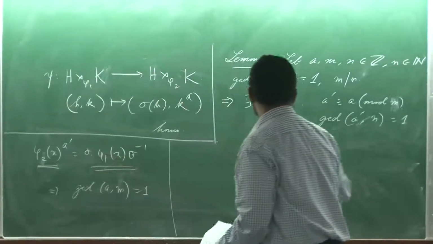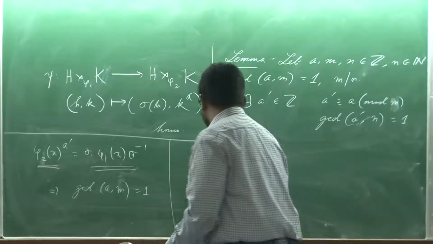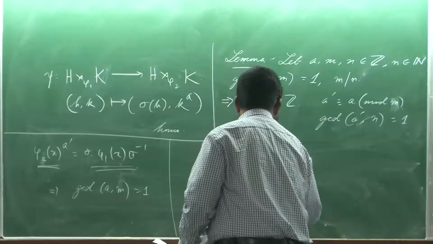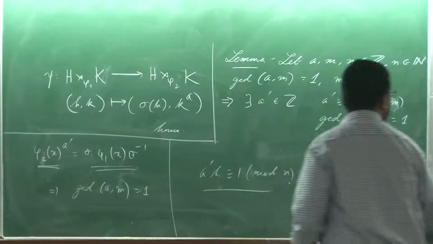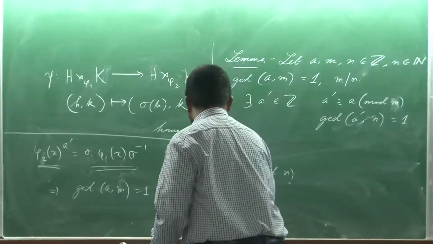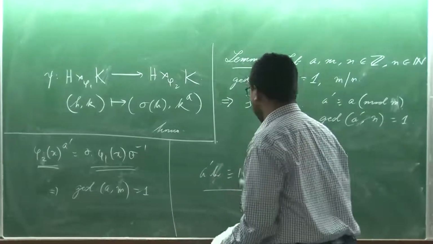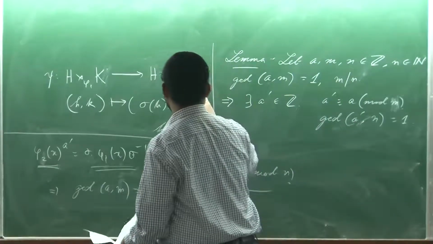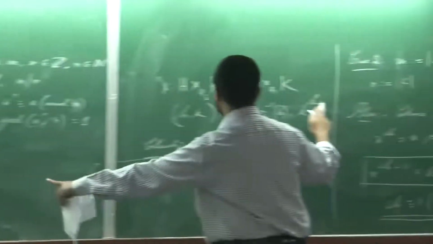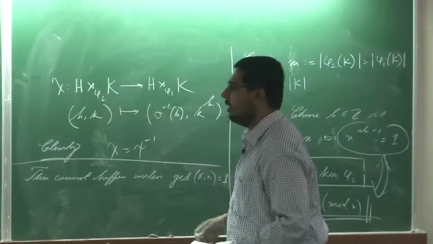And for this A prime, since GCD of A prime and n is 1, by Bezout's theorem, we can have a B such that A prime times B is congruent to 1 modulo n. Once that is there, we will simply replace A by A prime and take B to be this B, then just by composing we will see both the compositions will be identity.